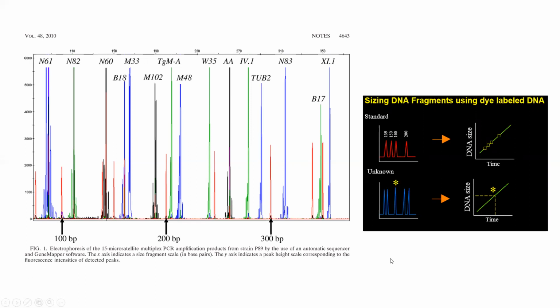So like this N61 has a lot at 50 base pairs. This one is probably around maybe 90 or 80 range. So then each peak is like, so this one has 90 repeats?